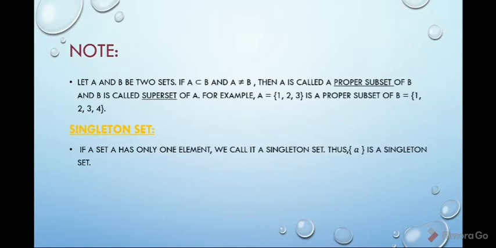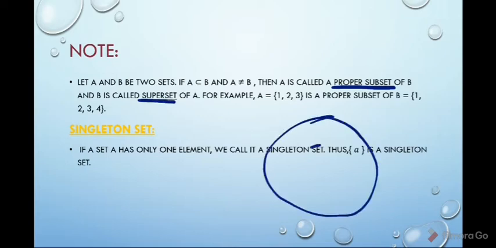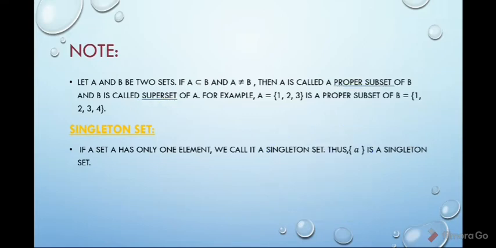So you will say A is a proper subset of B and B is the superset of A. For example, if A is the collection of 1, 2, 3 and B is the collection of 1, 2, 3, 4, then A is a proper subset of B and B is a superset of A. Okay.